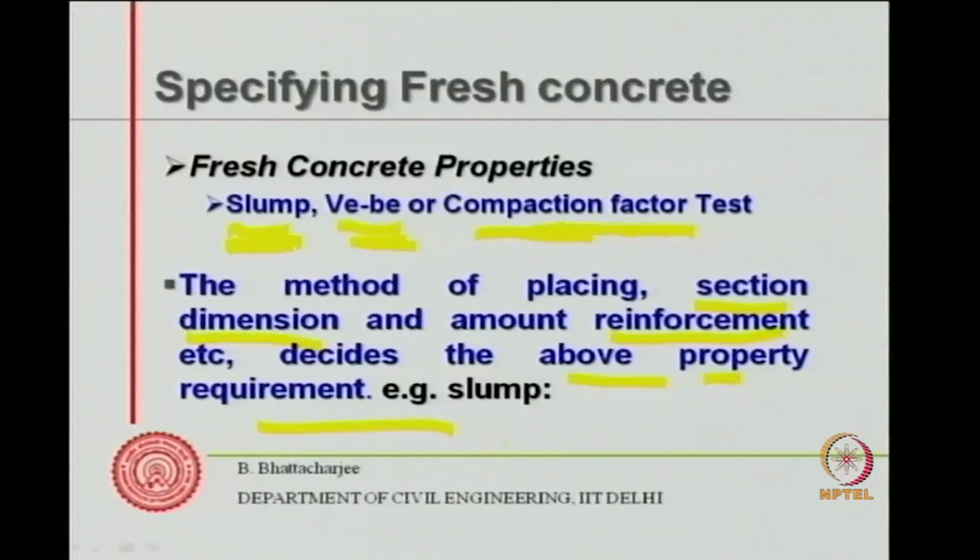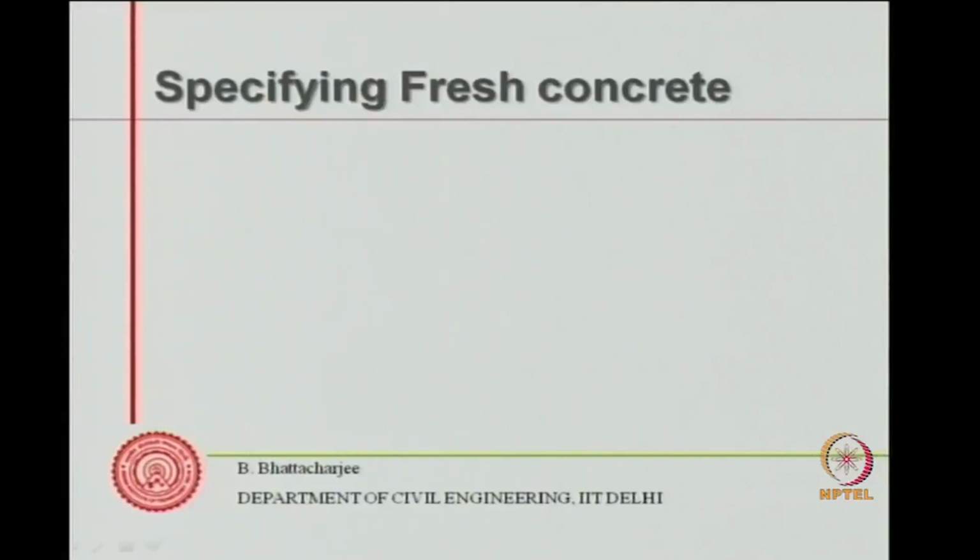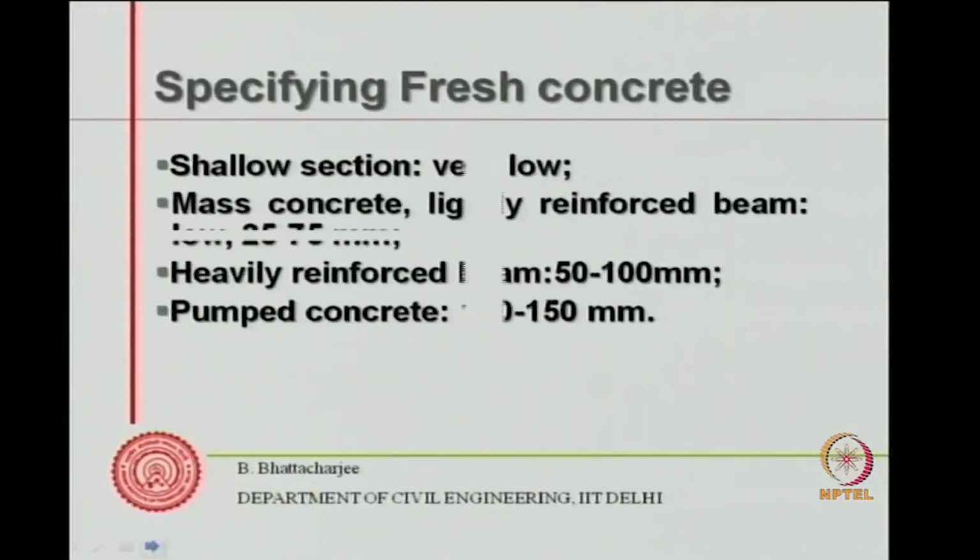For example, slump of concrete specified, let us say, by the Indian Standard method. For mass concrete and shallow sections it is very low. For a lightly reinforced beam it is low, from 25 to 75 millimeter. Heavily reinforced beam 50 to 100 millimeter, and if you want to pump the concrete it should be 100 to 150 millimeter.